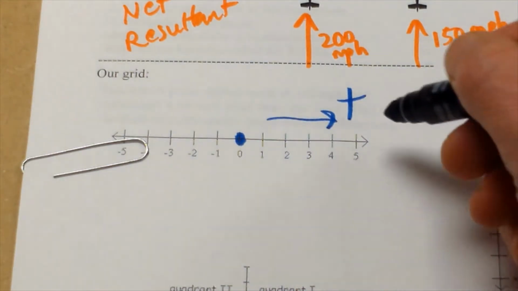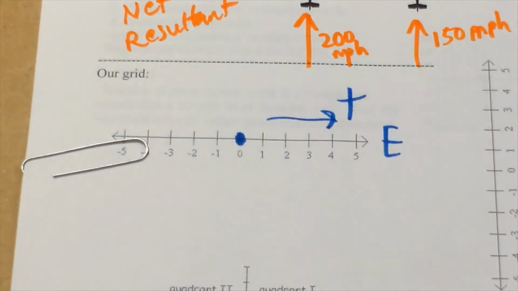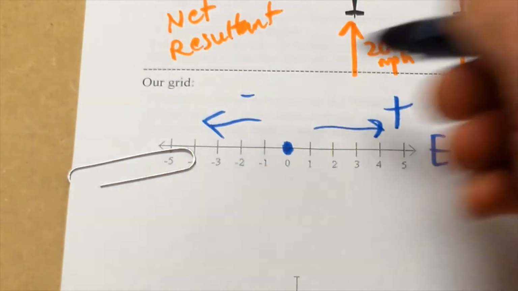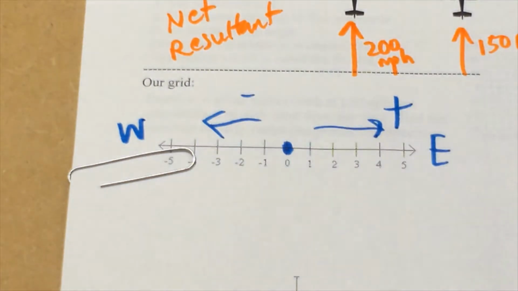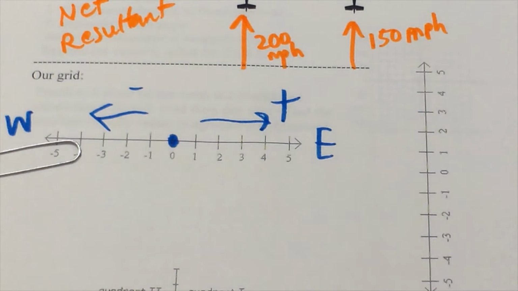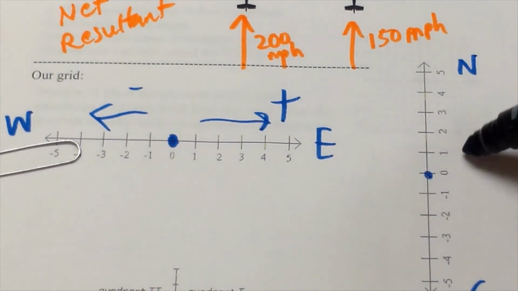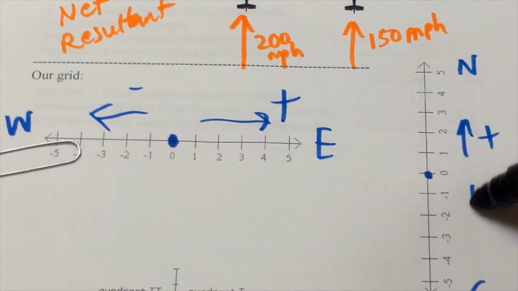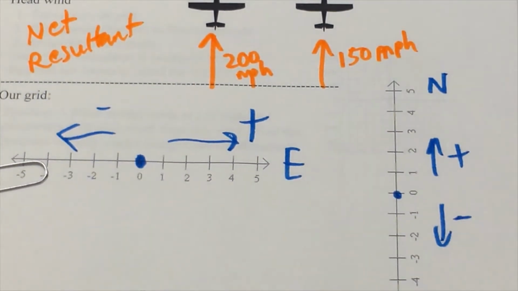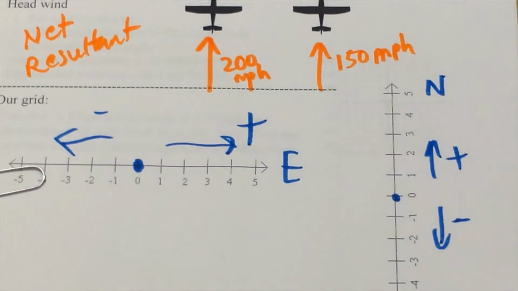In compass headings, that would be east. And to the left, we consider negative, and again, that would be west. We can also create a grid that's vertical, and we would have north and south. Again, we'd have positive and negative. So things that are going downward or southward are considered negative.